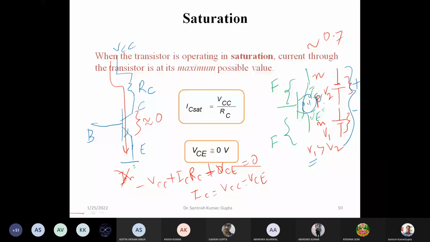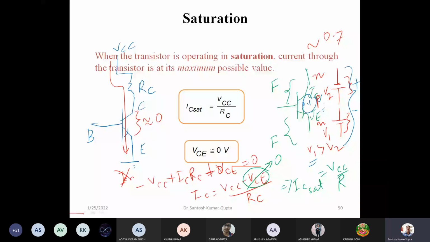But we just talked here that VCE is very small, almost 0. Then the maximum value of collector current, which we are going to call the saturation current, is going to be equal to VCC upon RC.